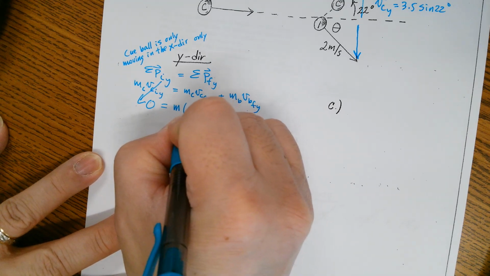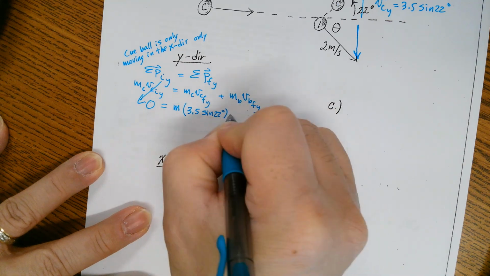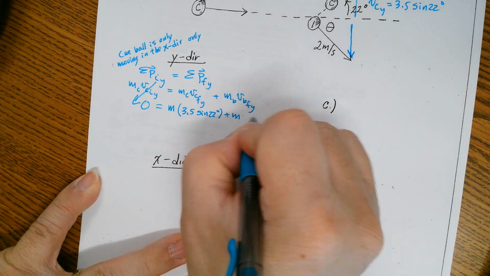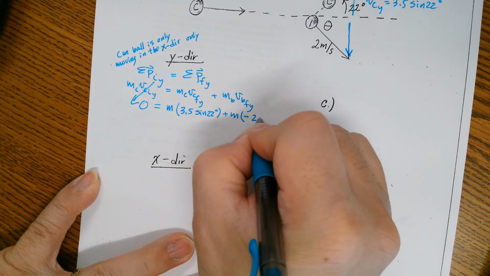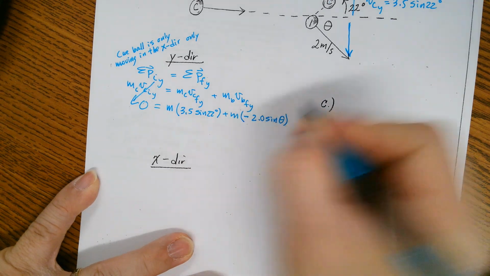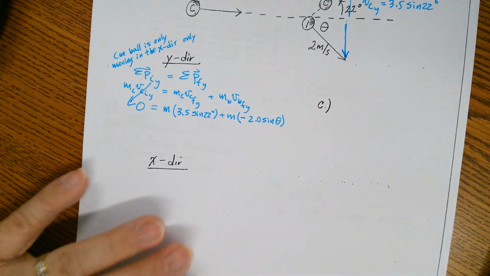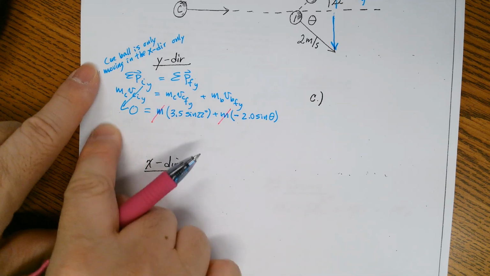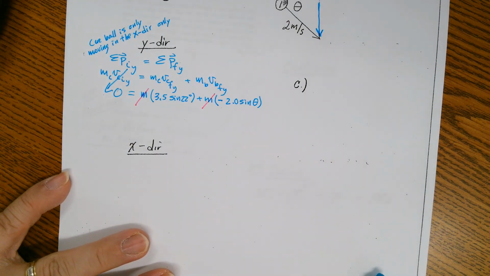So 3.5 times sine of 22 degrees plus m times, this one is negative 2 times sine of theta because it's moving in the negative direction. So notice how the masses can be factored out and then divided to the other side of 0, and they just go away. All right?